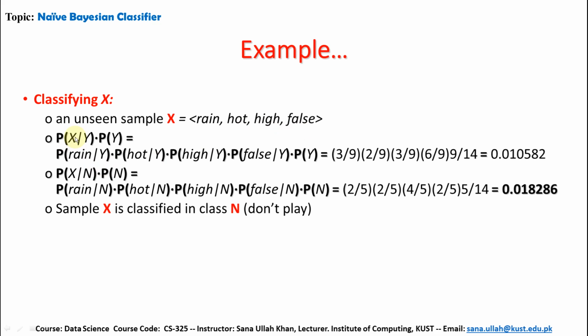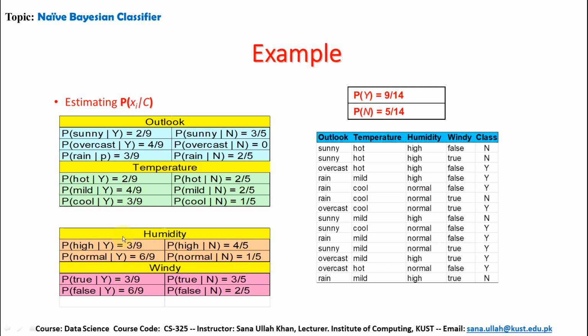So for probability of x given y into probability of y, it is equal to probability of rain given y, first we will calculate this, multiplied by probability of hot given y, probability of high given y, probability of false given y.